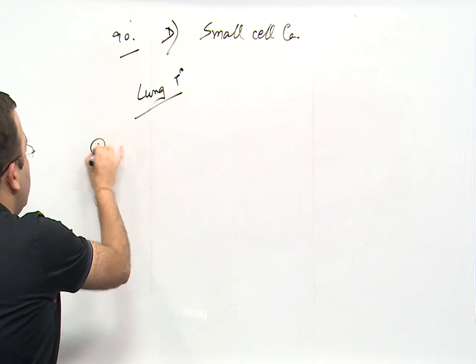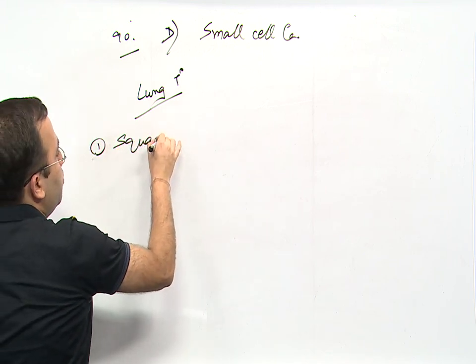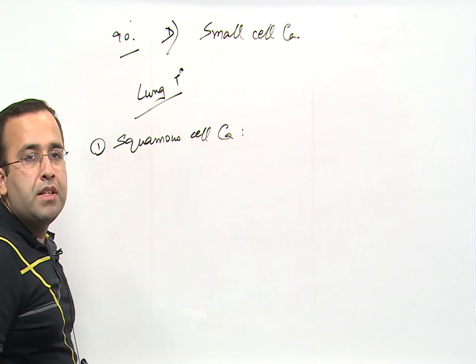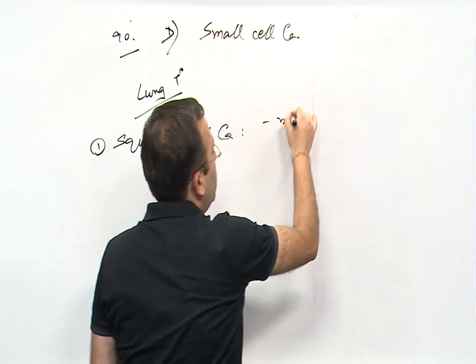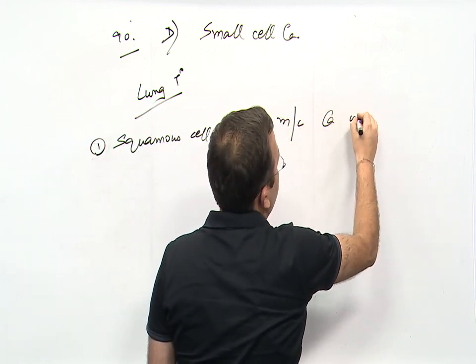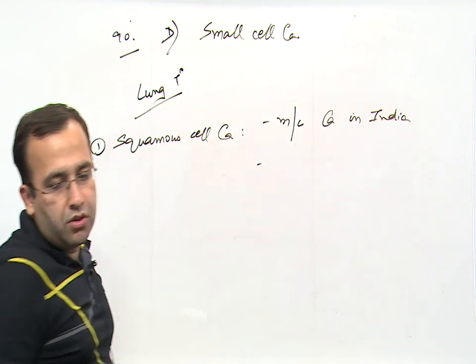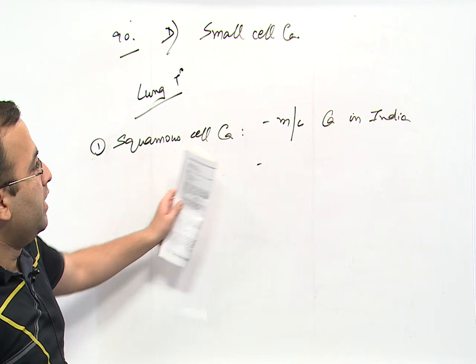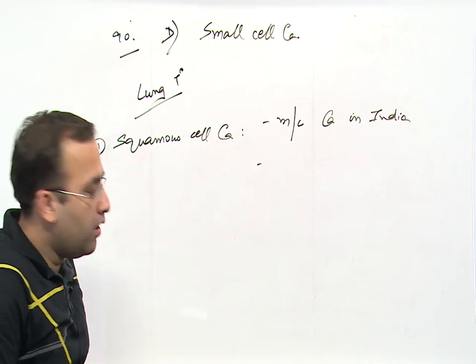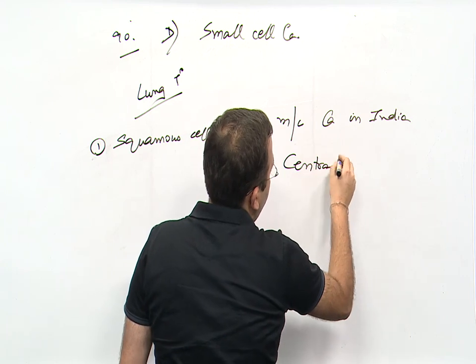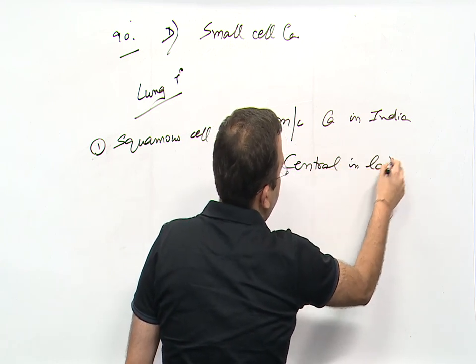The first lung tumor is squamous cell carcinoma. First point, it is the most common lung cancer in India. Next, it is commonly central in location.